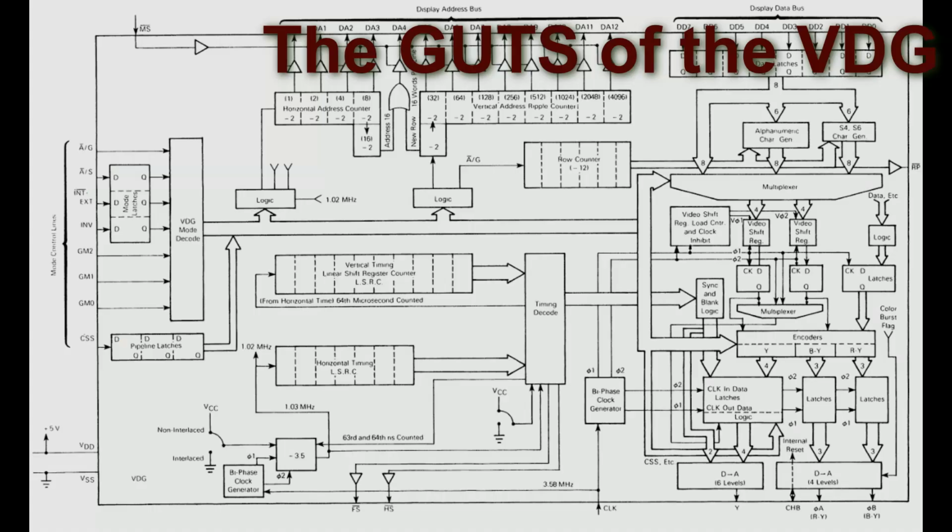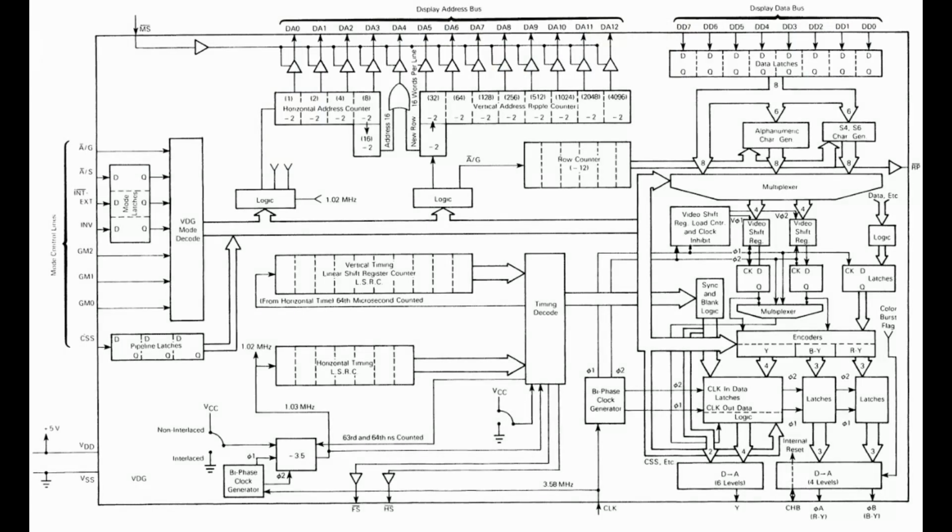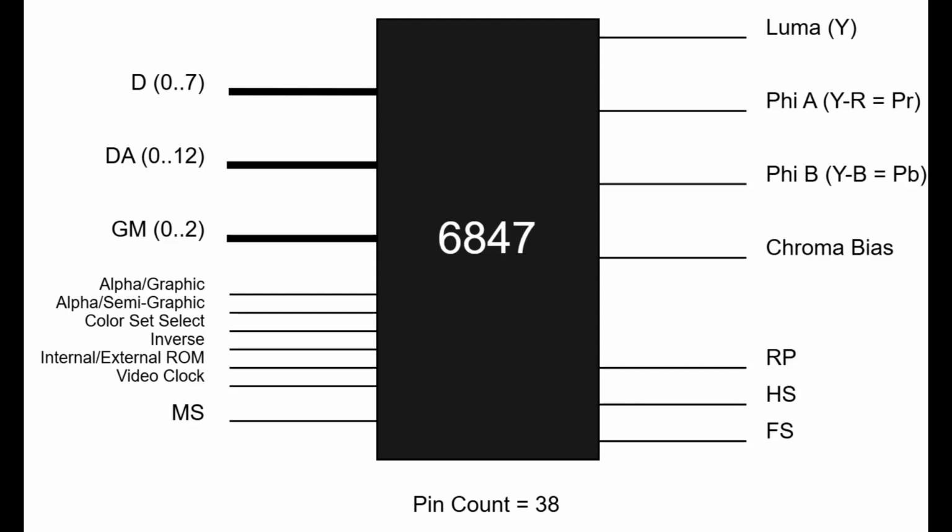The first bit of the design I'm going to dive into is the VDG, where I started on this project. Externally defined by a data bus, address bus, a clock, some control signal inputs, 4 control outputs, and 4 analog video output signals. For my purposes, I'm only interested in the very least bit of the address bus, so the remaining address pins are ignored.